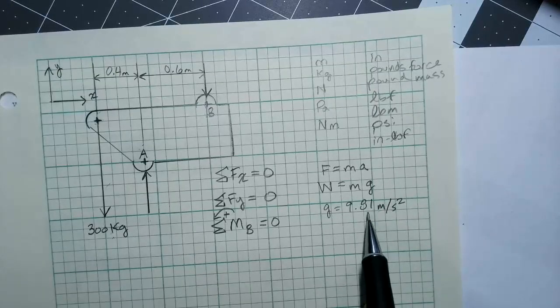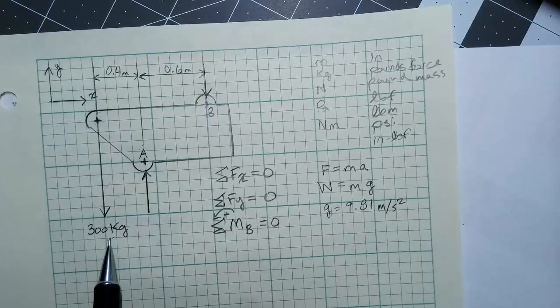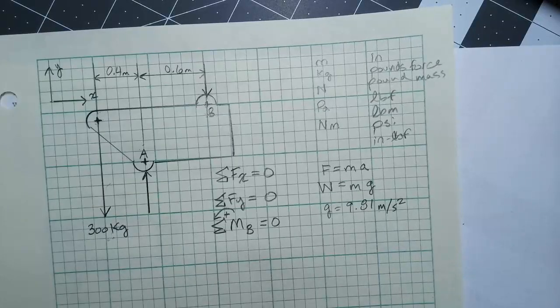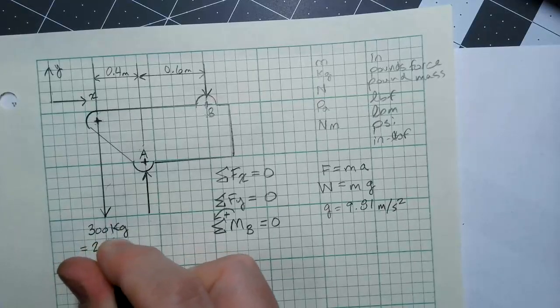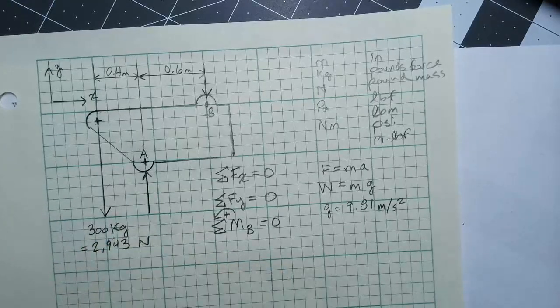So if we take the mass of 300 kilograms and multiply it by 9.81, we will get 2,943. That is newtons, our base unit for force. So when you multiply the base units of mass and acceleration, you get the base unit of force. And again, that's why you work in the base units. It will keep you from making unit errors.